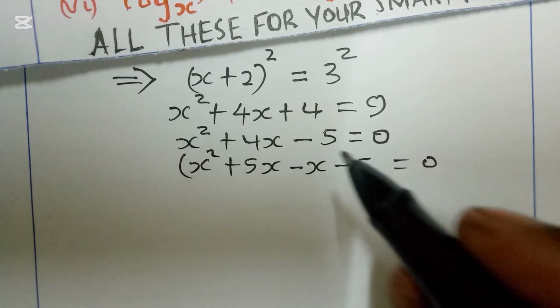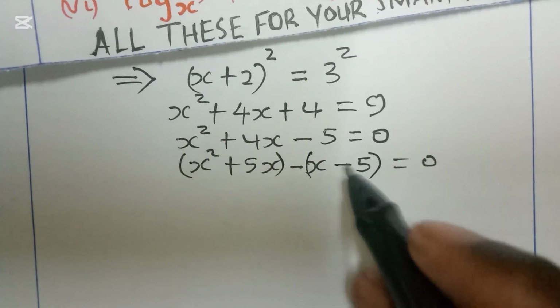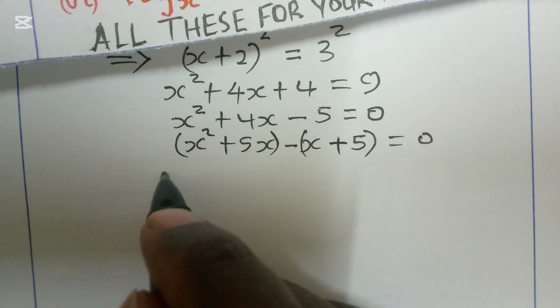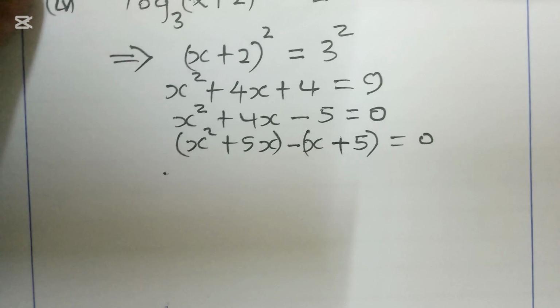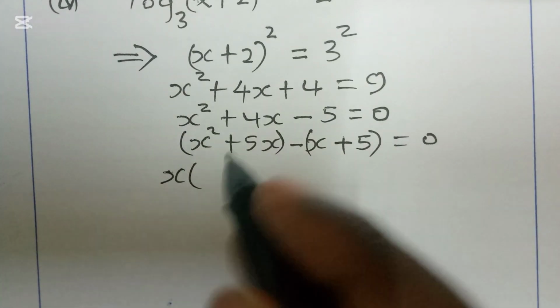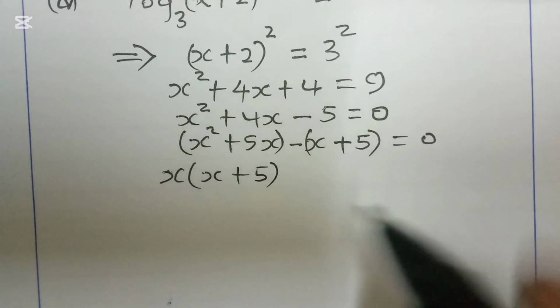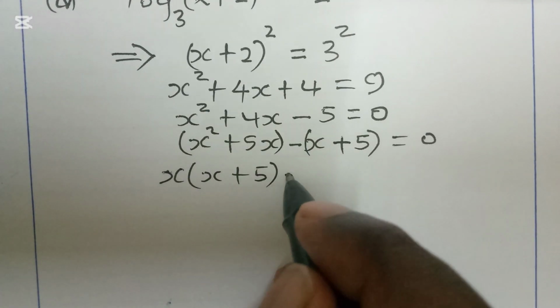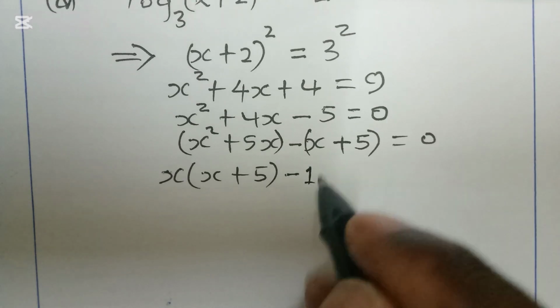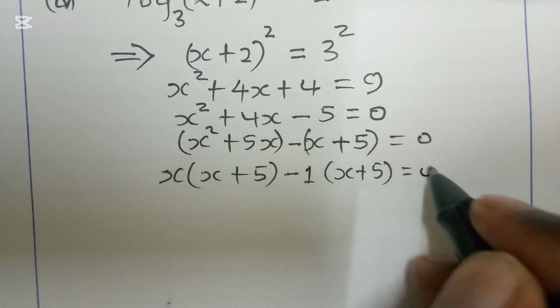So we can put now the bracket there and also here and change the sign here. So from there we can factor out the x. If we factor out the x, we shall have x(x + 5), then minus 1(x + 5) equals 0.